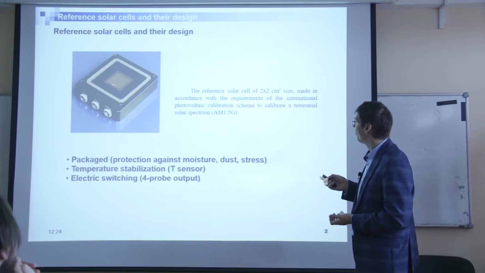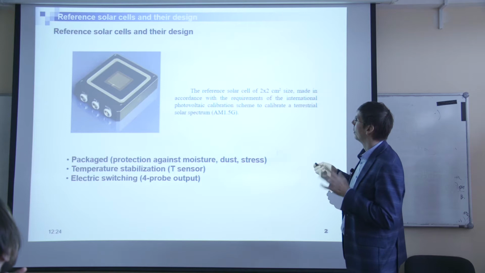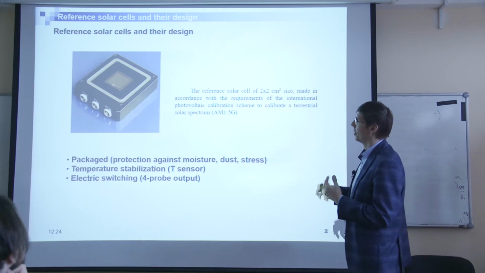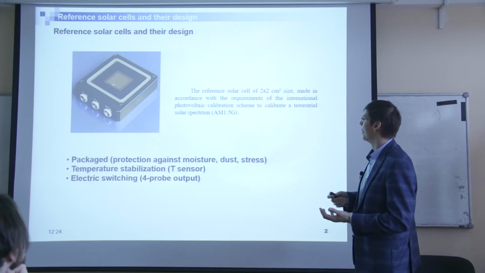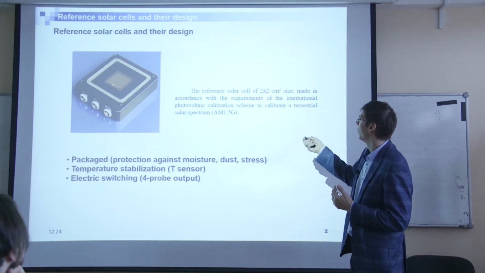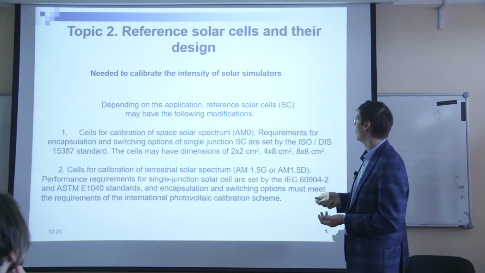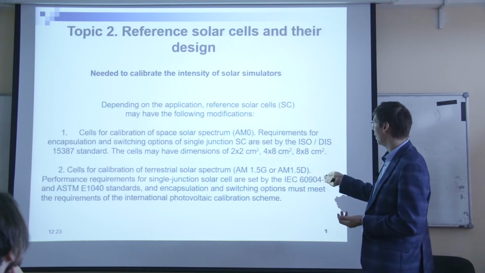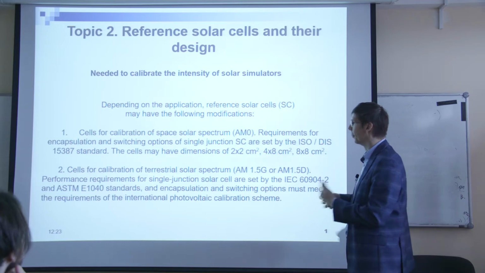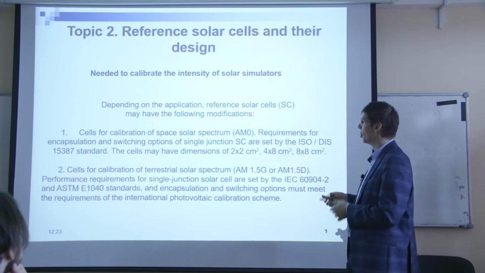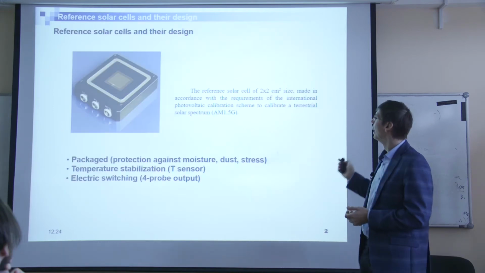And there is a standard set of sizes. The most common is 2 by 2 square centimeters, like here, but you can find different sizes for other applications, so it depends on the application.